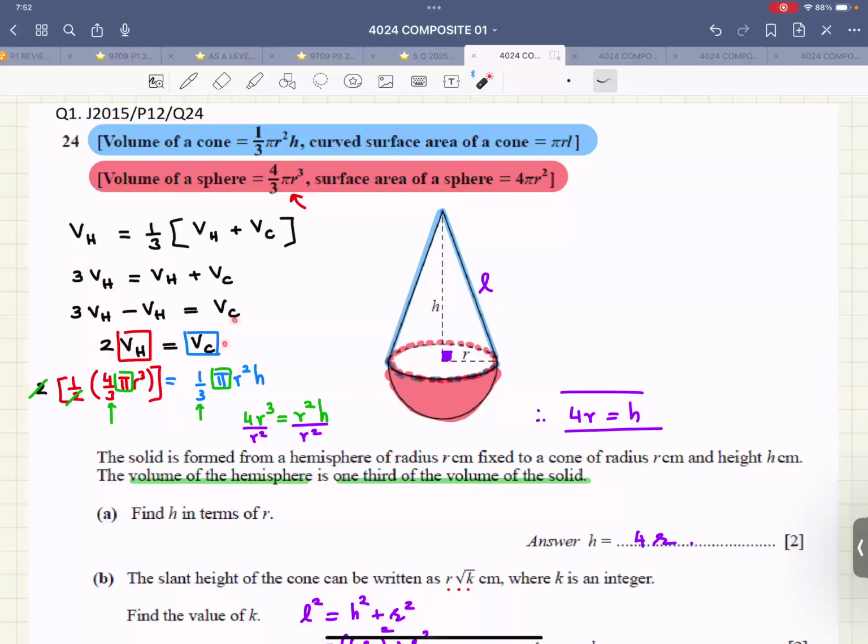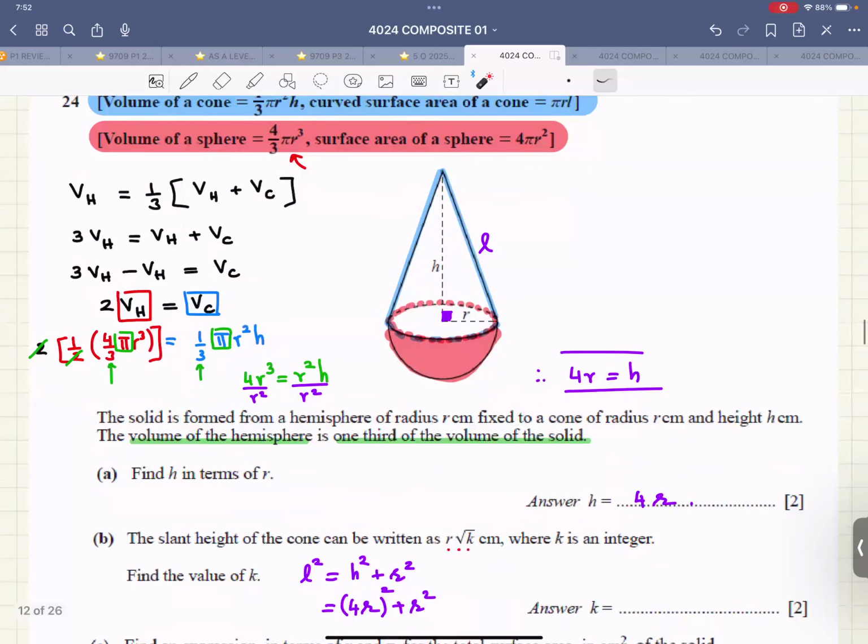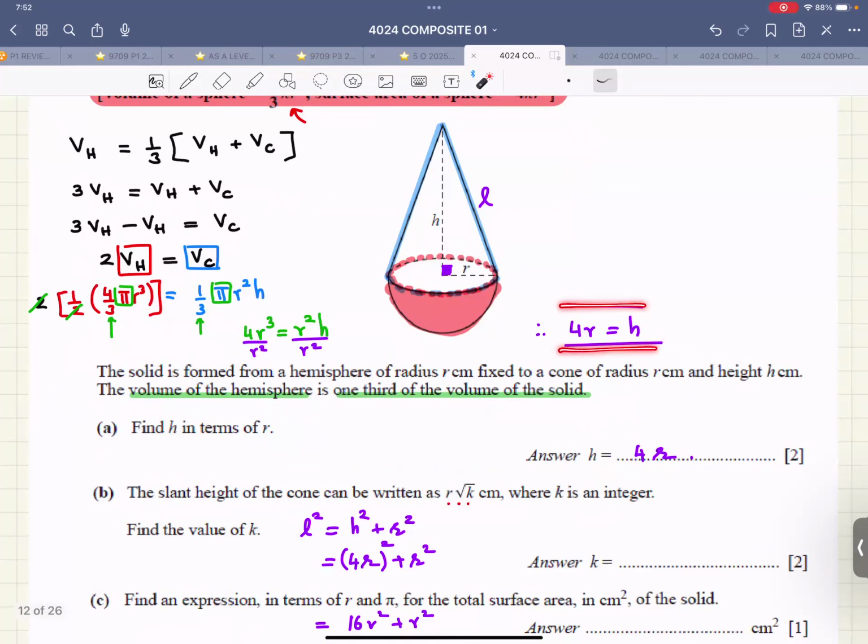That is equals to VC. Now VH is what? That is half that of a sphere. And VC is 1/3 pi r square h. And then you simplify what relationship you get. 4r is equals to h. So this thing, 4 times radius is equals to height. Is this all good, all clear?